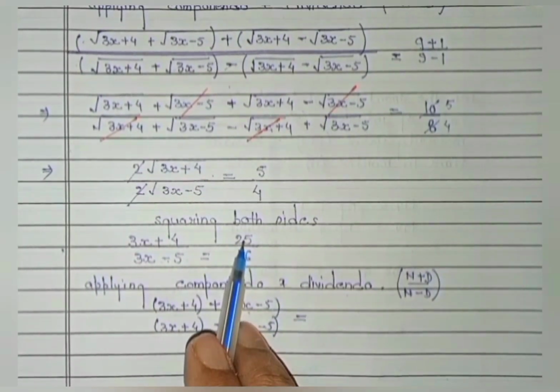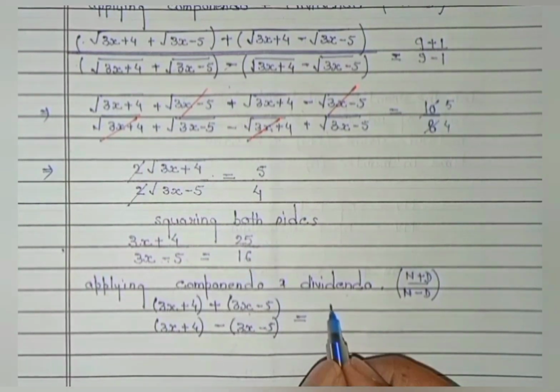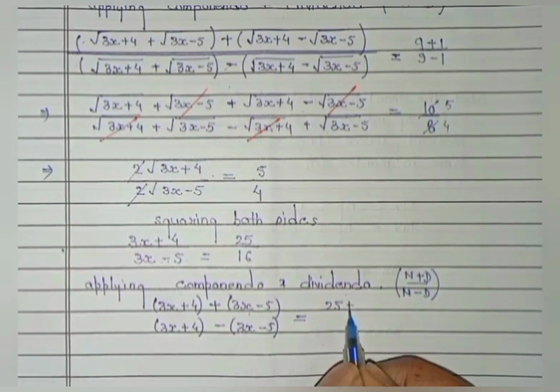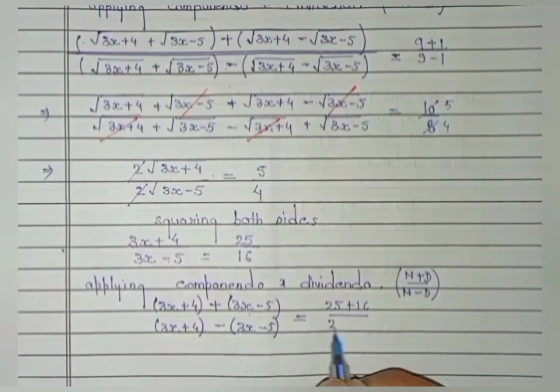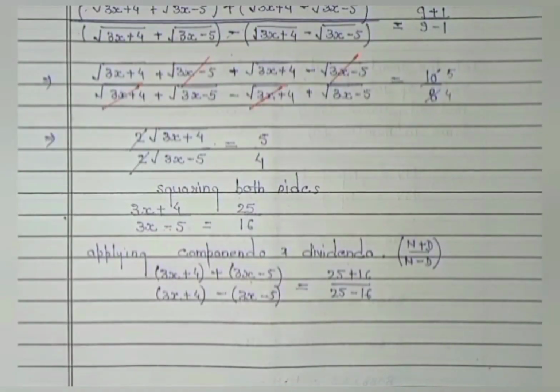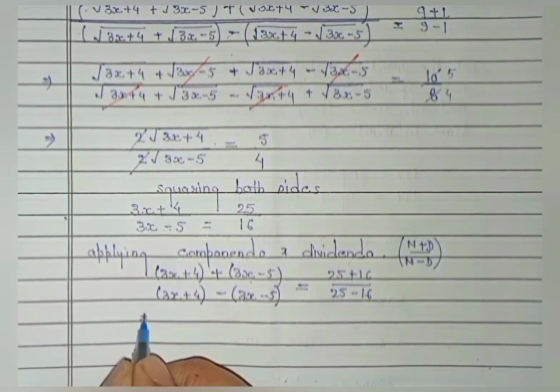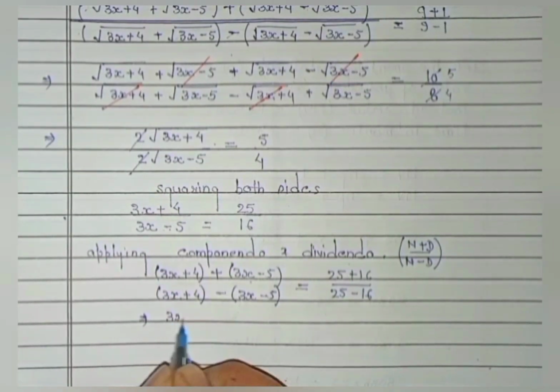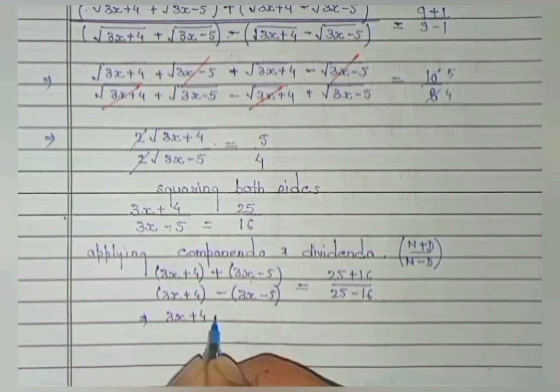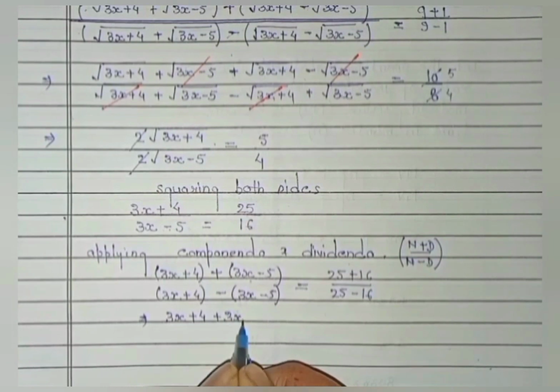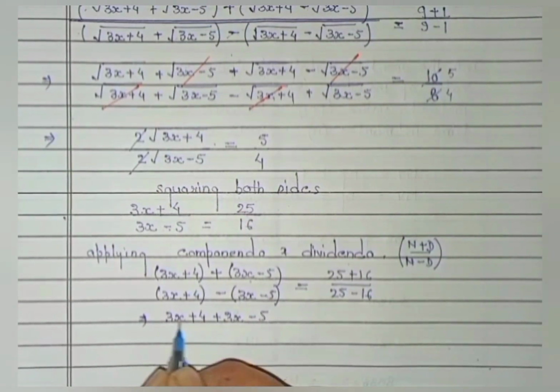On the right side, this is numerator, this is denominator, so you'll be writing 25 plus 16, 25 minus 16. See, now let's open the bracket here. So 3x plus 4 plus 3x minus 5.